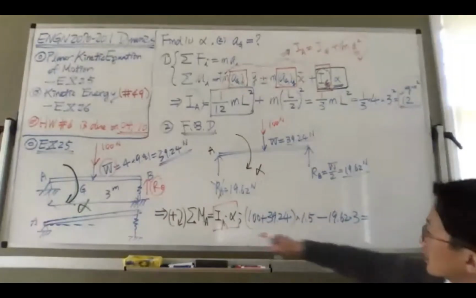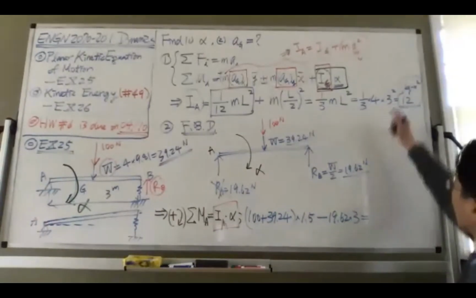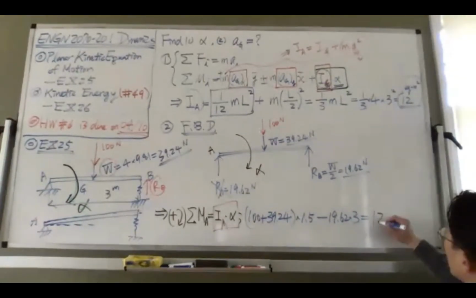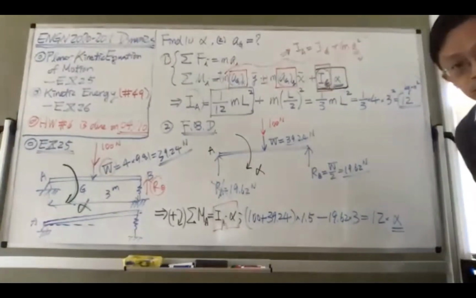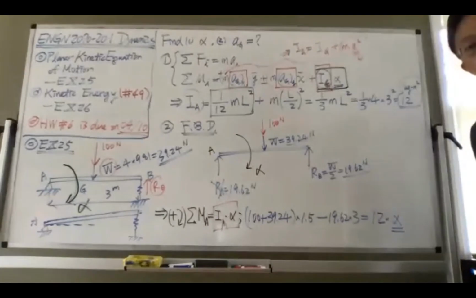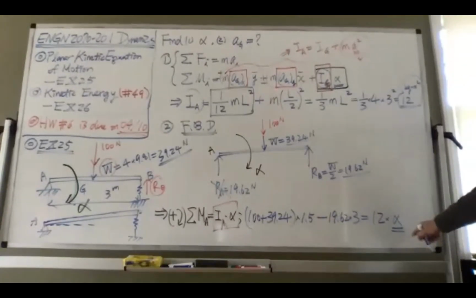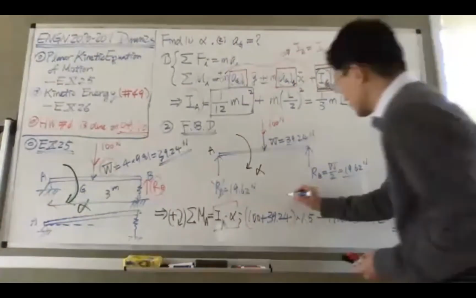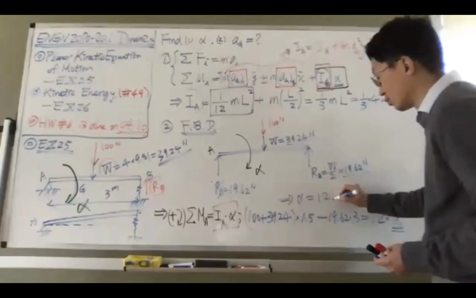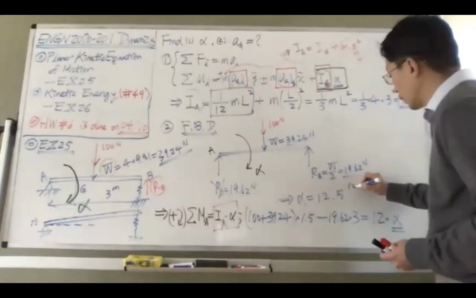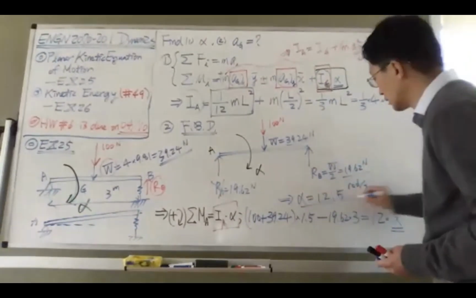So here it is going to be IA times alpha, and IA we already know is 12, so it's just 12 times alpha. Correct? So this is how we determine alpha. We have one equation with one unknown. Certainly we can find the value of alpha. And the value of alpha is positive 12.5 radians per second squared. So this is the first answer.